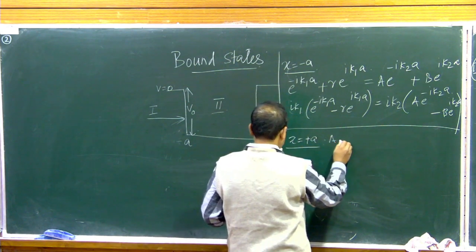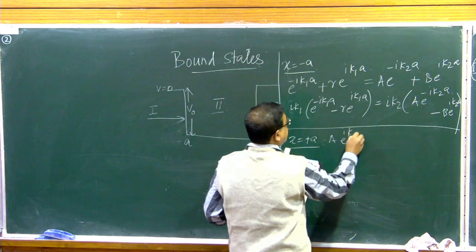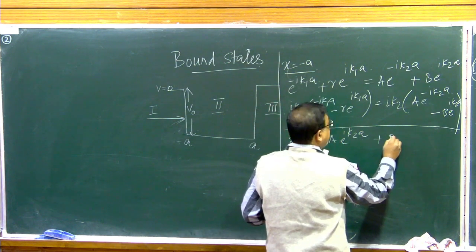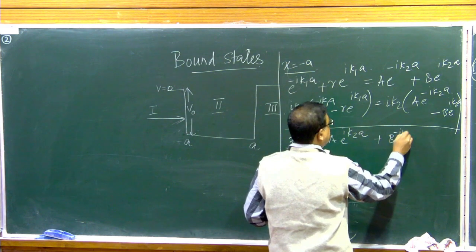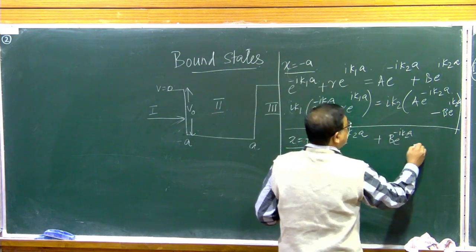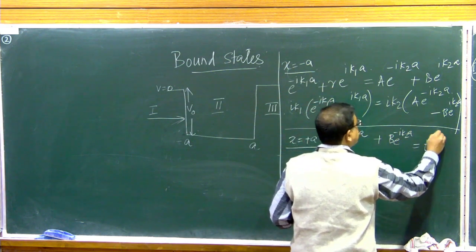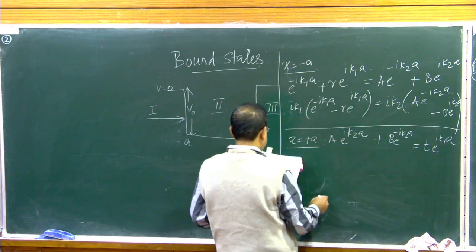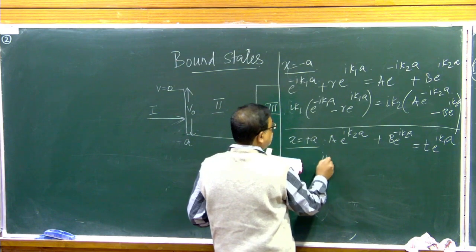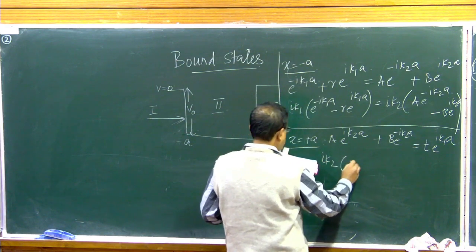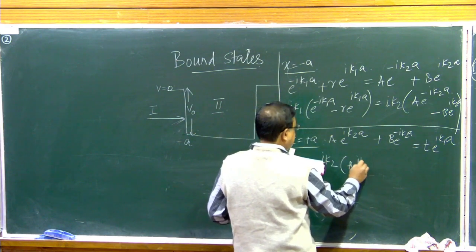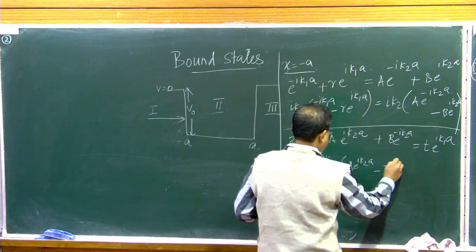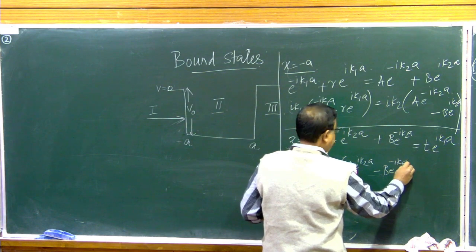This gives a exponential i k2 a plus b exponential minus i k2 a equal to t exponential i k1 a, and for the second one, i k2 times a exponential i k2 a minus b exponential minus i k2 a.